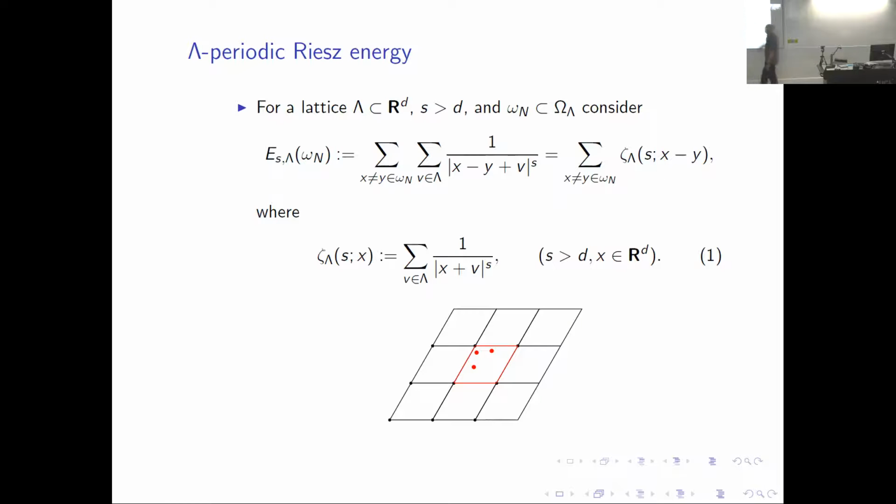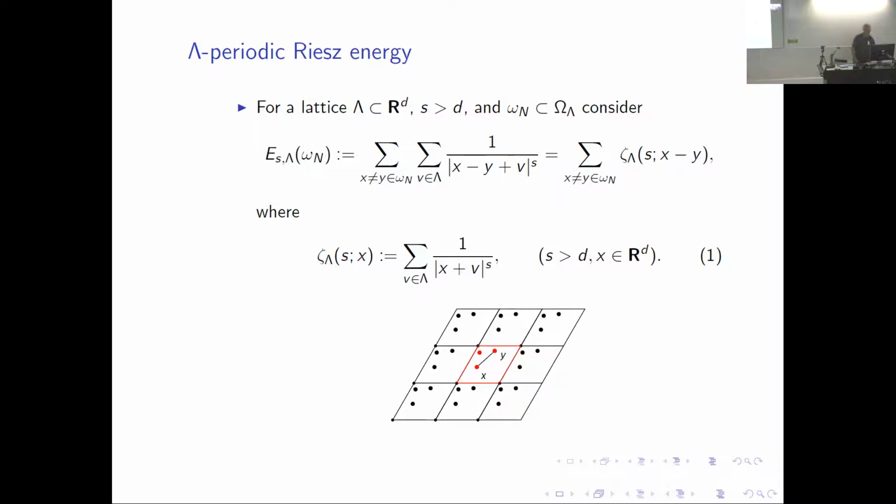This is our full energy. But let me click to the next slide. So we have x and y, and if this is y, these are the translates of y, and so this is the energy associated with x and all of the translates of y.